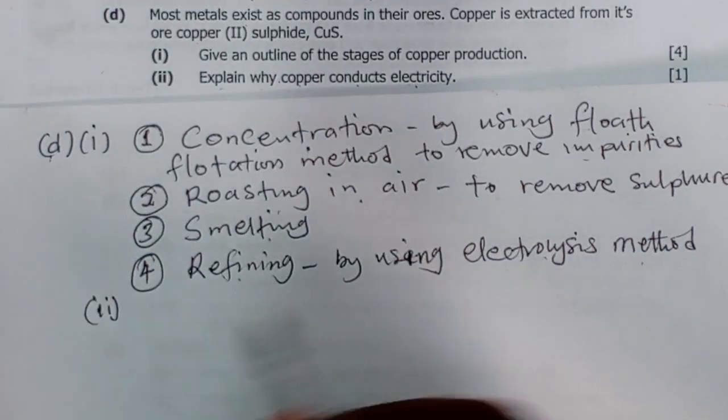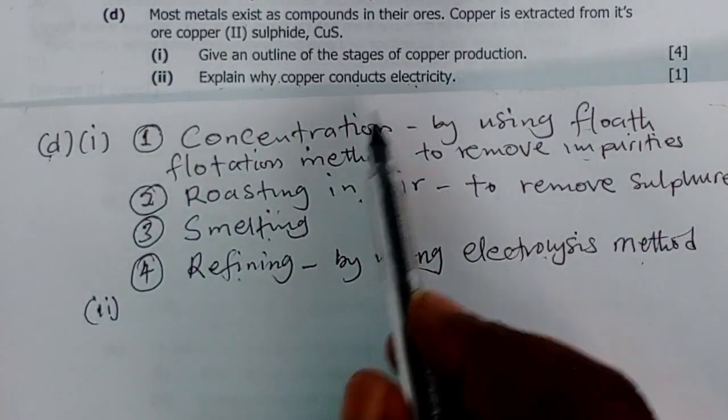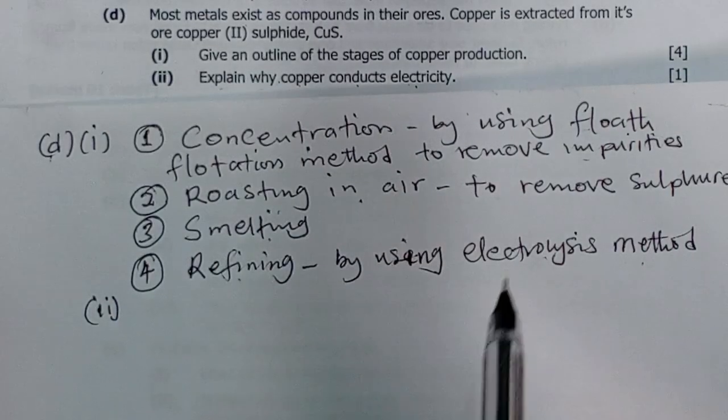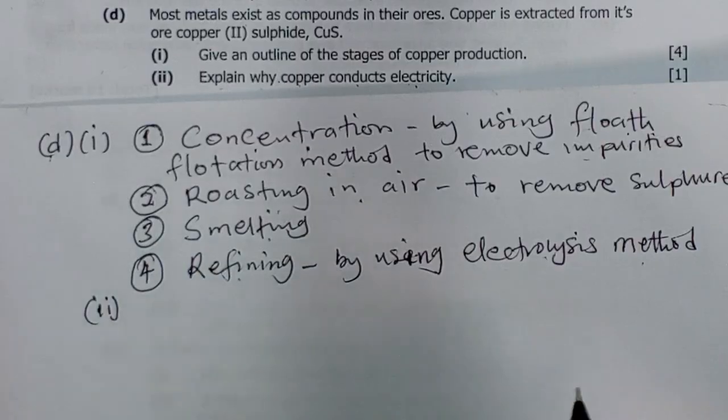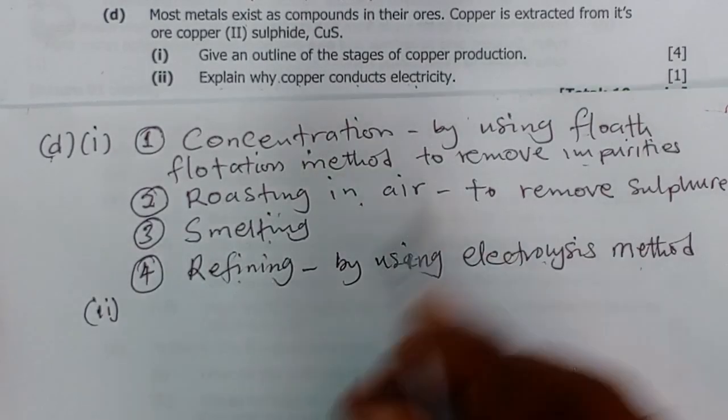Mobile means they are free to move. So those moving electrons in copper are carrying electric charges from one point to the other. So that is the reason why copper conducts electricity. So this answer is applicable to anything that conducts electricity. So that is our 1 mark.